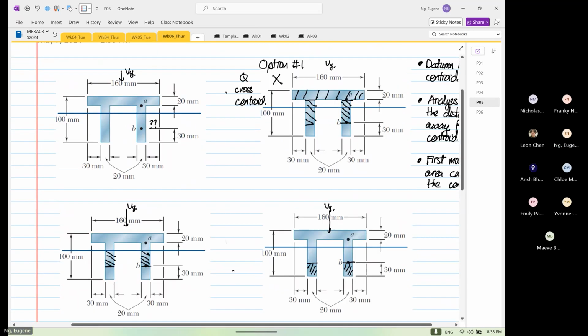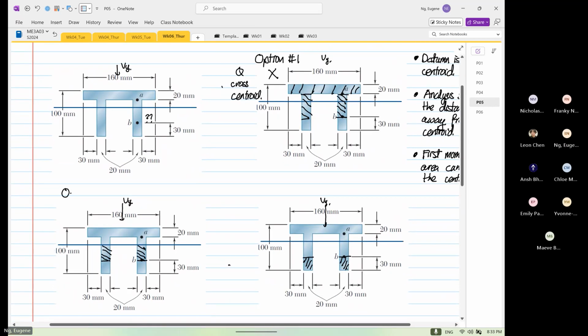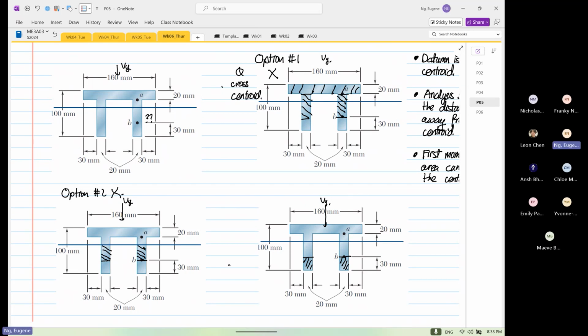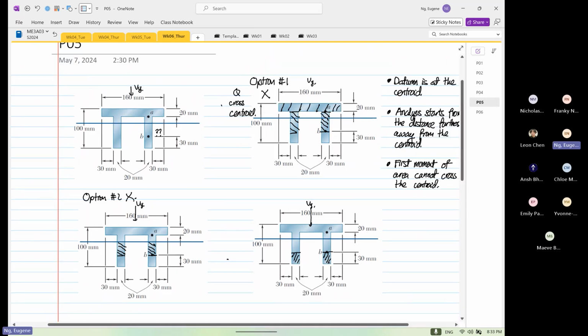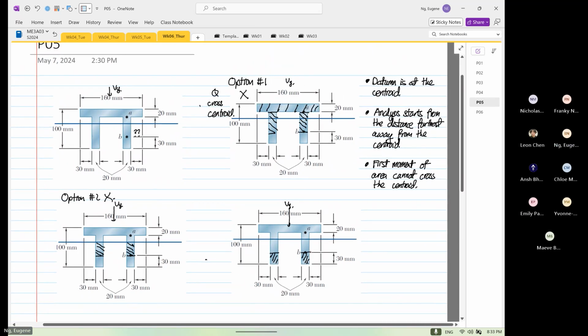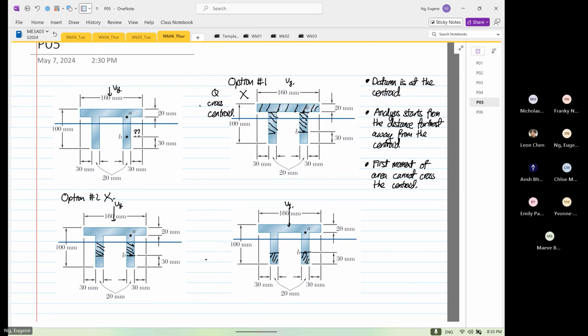Okay. Option number 2. This is also not right. Why? Option 2 is also wrong. Any idea why? Did it cross the datum, sorry, the centroid? The first moment of area did not cross the centroid. That's for sure, right? So it's okay. But what rule did it break?